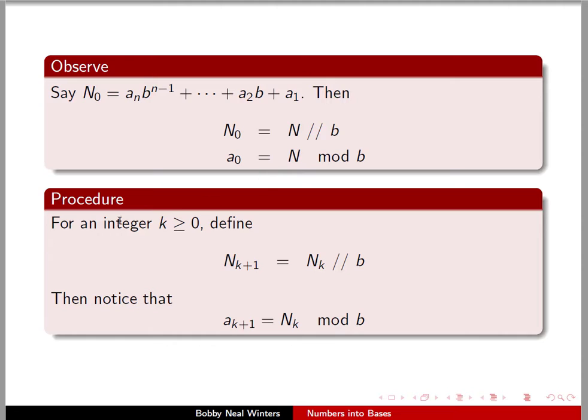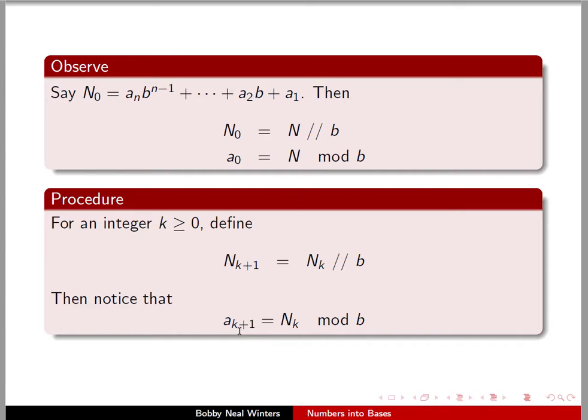If we have any integer k greater than or equal to 0, we can get n sub k plus 1 to be n sub k integer divided by b.